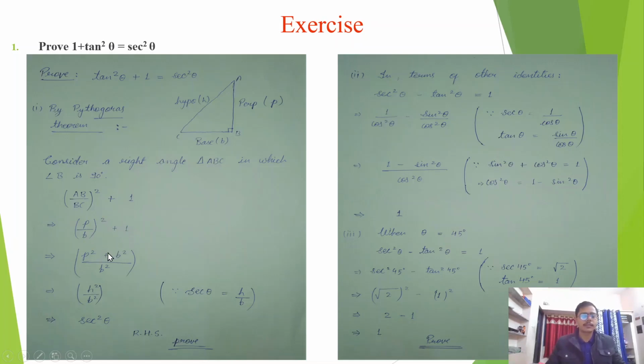Taking the LCM, P square plus B square becomes H square from the Pythagoras theorem, and it comes out to be sec square theta because sec theta is equal to H upon B. Hence proved.